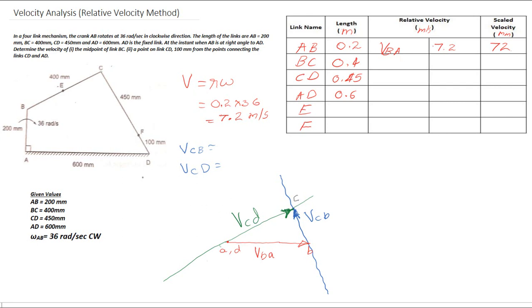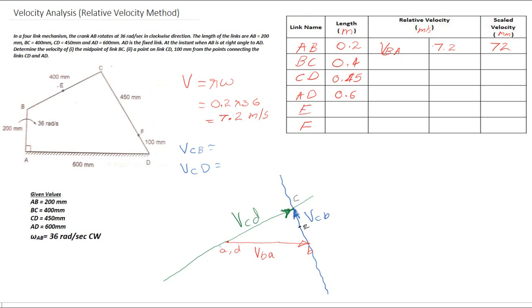So A is here, B is here, C is here, and D is here. E is located in BC, somewhere in between, over here.